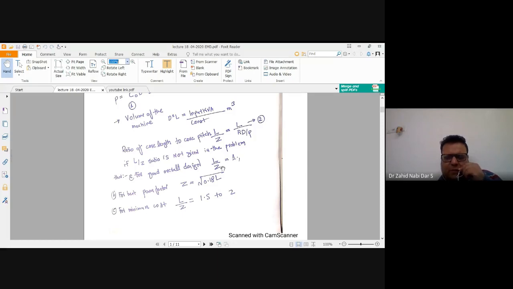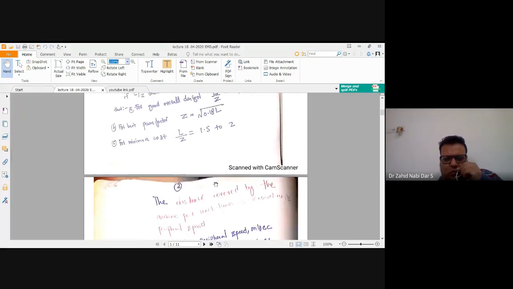For that, we take the L by Z value as 1. Now for example, if we need the best power factor, in that case we are taking Z equal to under root of 0.18 L. For minimum cost, we are taking L by Z between 1.5 to 2.